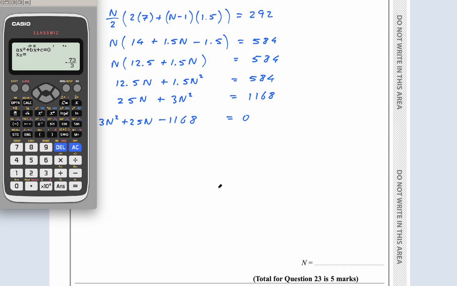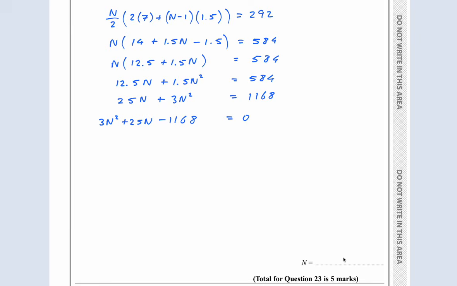But you can't just write 16 here. Guys, if you look at the mark scheme, it actually says working required. So you have to show some working.